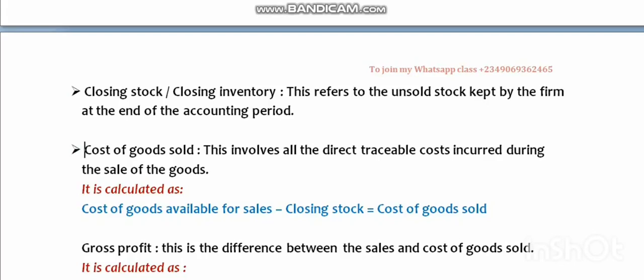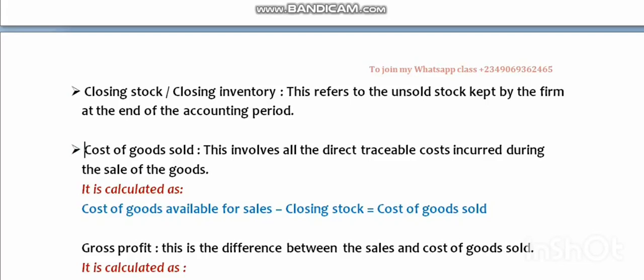So they are called what? Cost of goods sold. Example, cost of bringing in the goods is a direct traceable cost. So any cost that can be directly traceable during the sale of the goods is part of the cost of goods sold.